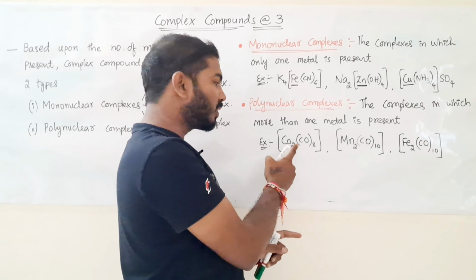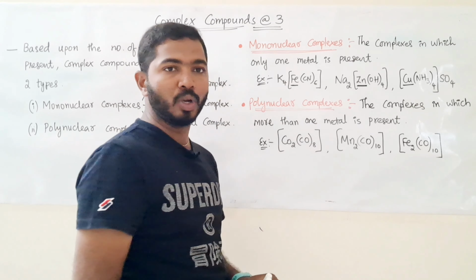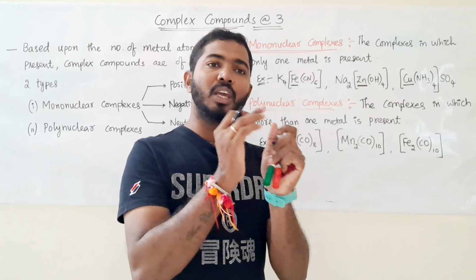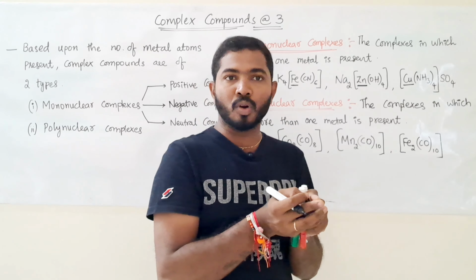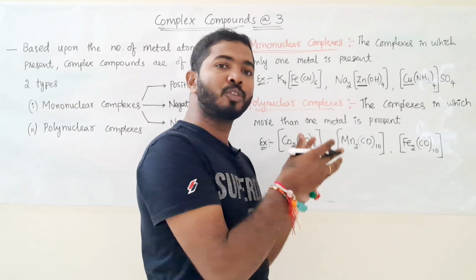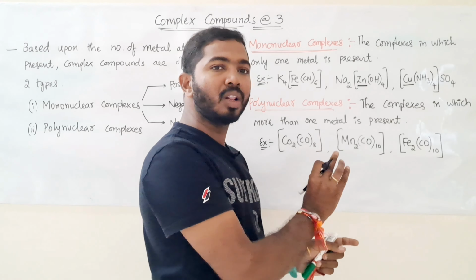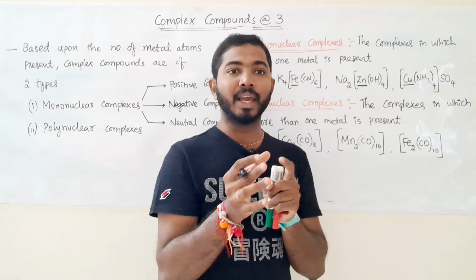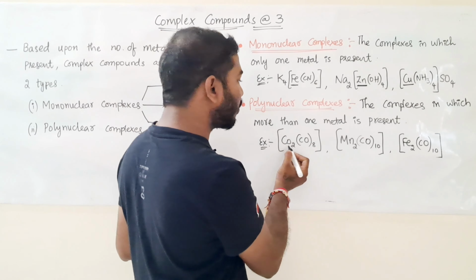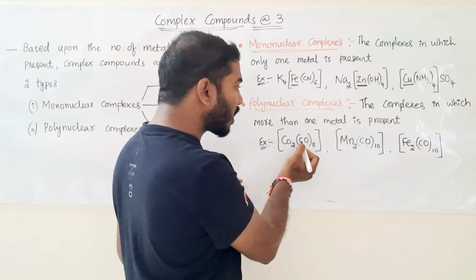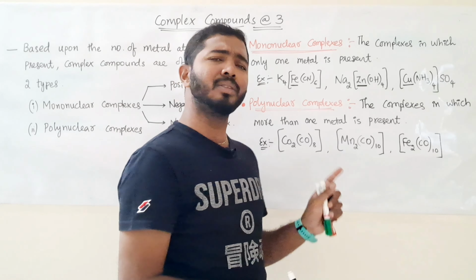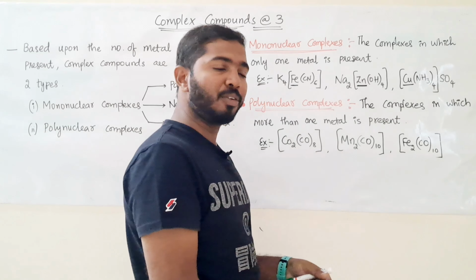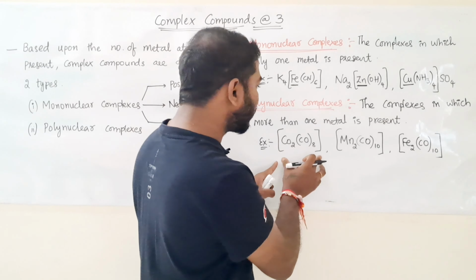This is called dicobalt octacarbonyl, CO. I told you in the previous video that CO is generally called carbon monoxide, but when it comes to complex compounds, we call that carbon monoxide the carbonyl ligand. So this is the dicobalt octacarbonyl complex. Generally, it is a neutral complex, which we will understand in the coming few minutes.